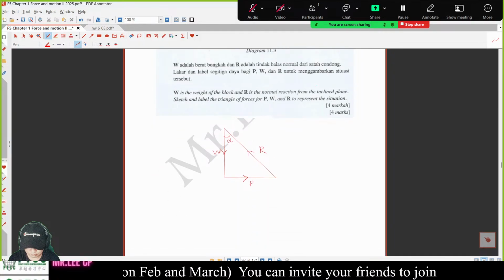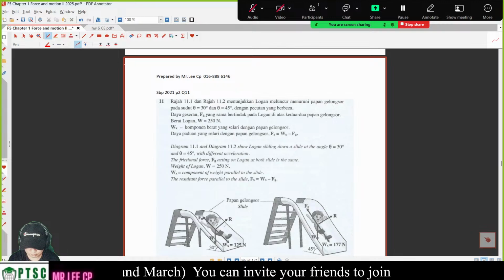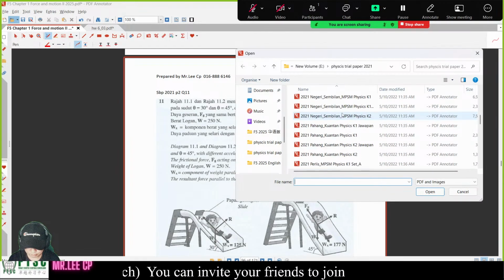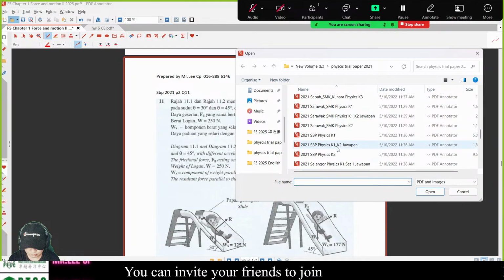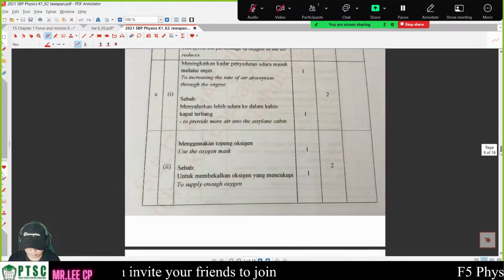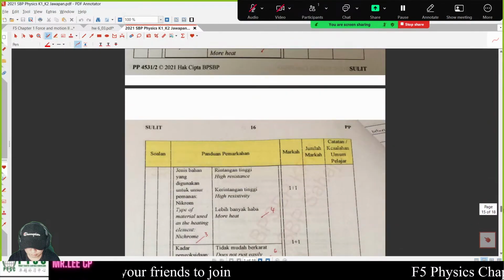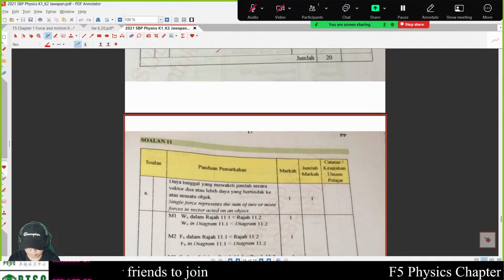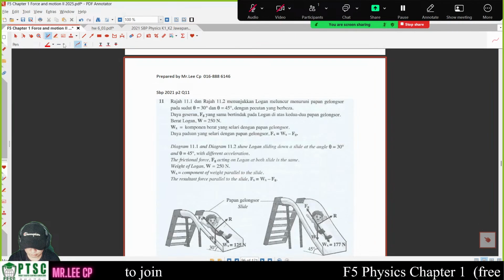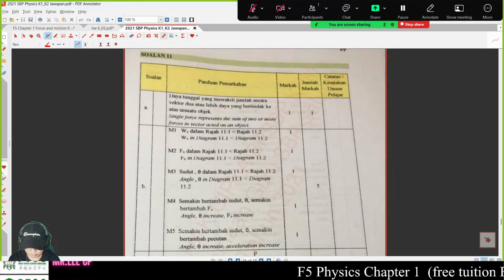Okay, format. Why is it the format? I don't get it. 2021 SBP, Kertas 1, Kertas 2, Question 11. We see how the question is answered.